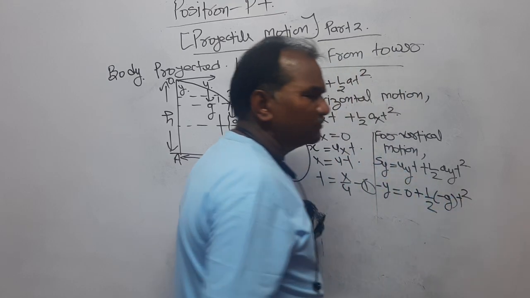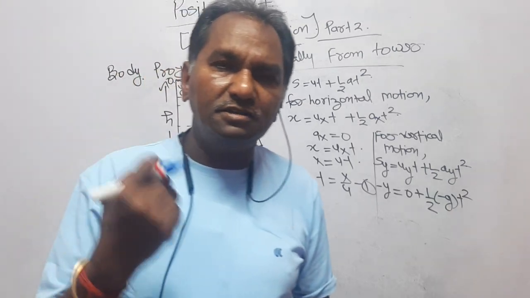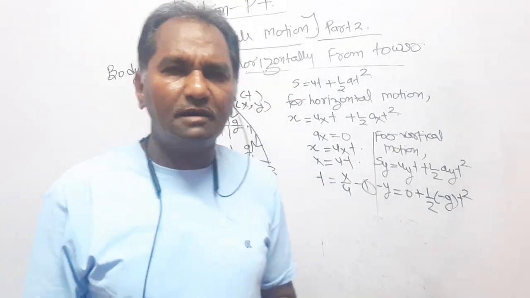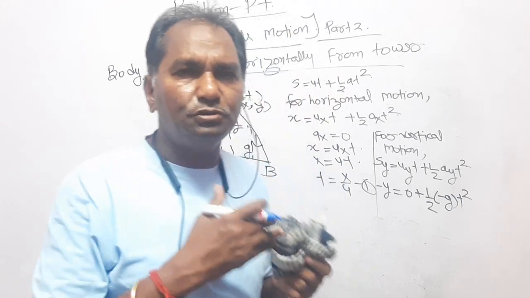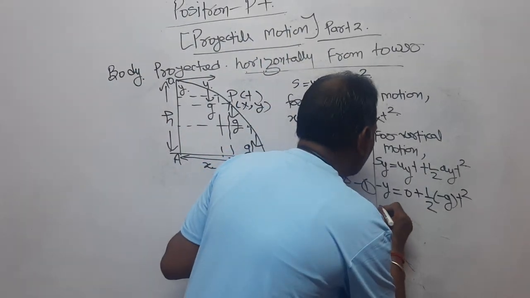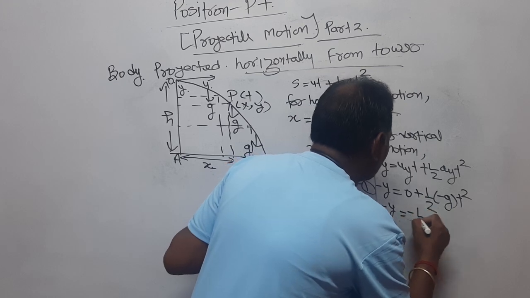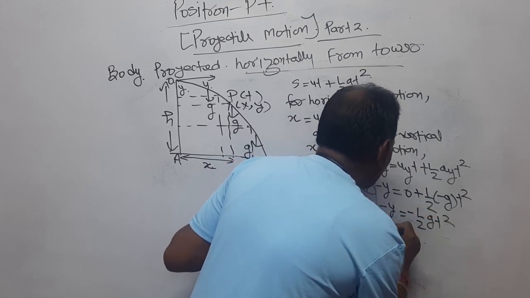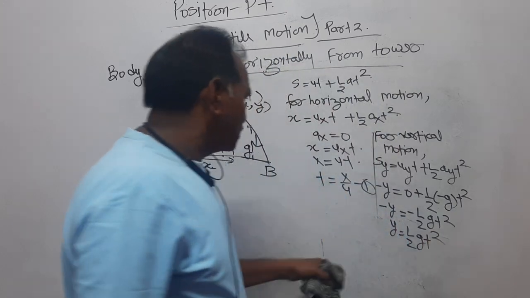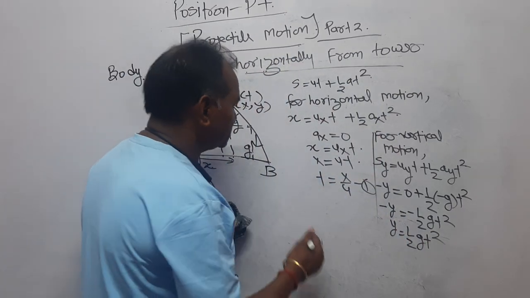If you are applying the vector, it does not matter whether the body is going upward or coming downward. In all cases, acceleration due to gravity is acting vertically downward, so you always have to consider it negative. So it turns out to be y is equal to half g t square.